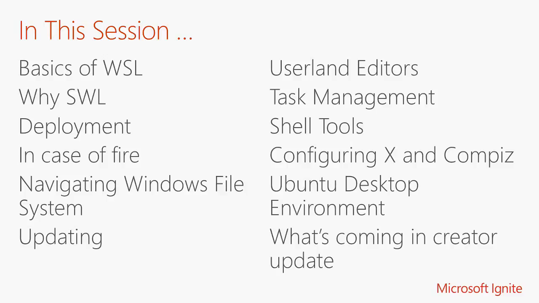How you can navigate the Windows file system, or view where the Linux file system is stored. We'll talk about the basics of updating, userland editors, task management, shell tools, configuring X and Compiz for Ubuntu, the Ubuntu desktop environment, and what's coming in the Creator Update.